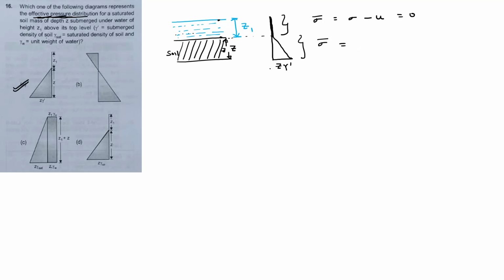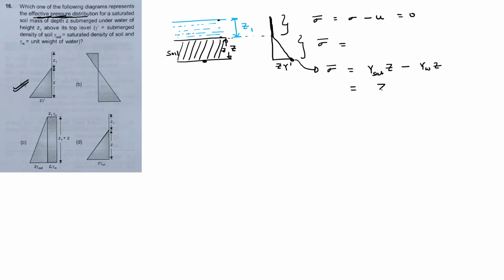Because in this range the effective stress will be 0, and below it effective stress is equal to total stress minus pore pressure. At the bottom, the effective stress is gamma sat into z minus gamma w into z.